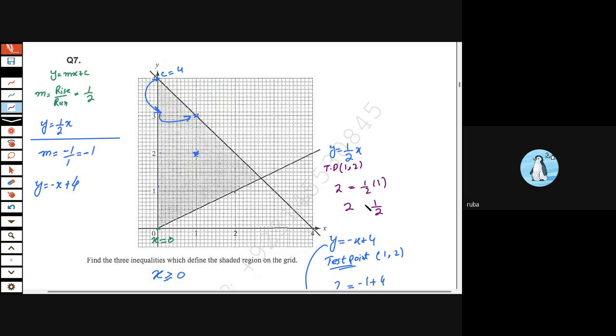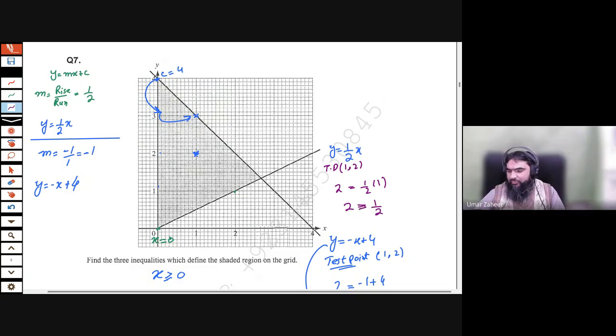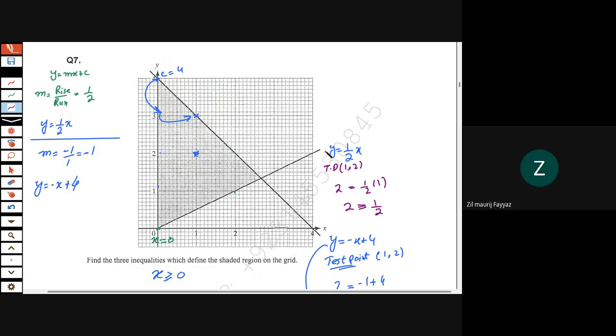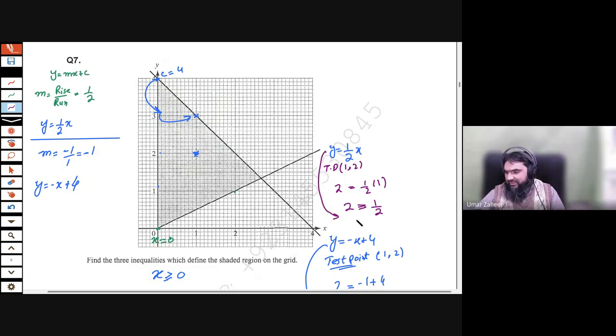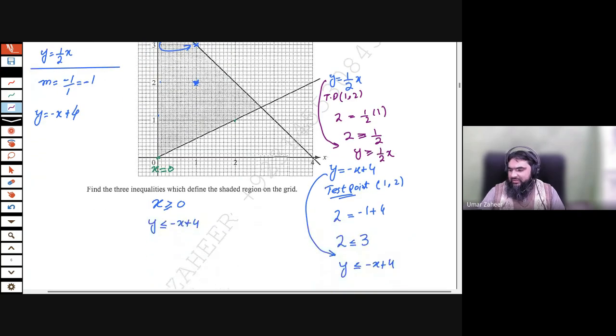The greater than sign. Yes, 2 is greater than or equal to 1 over 2. This means that y is greater than or equal to 1 over 2x.